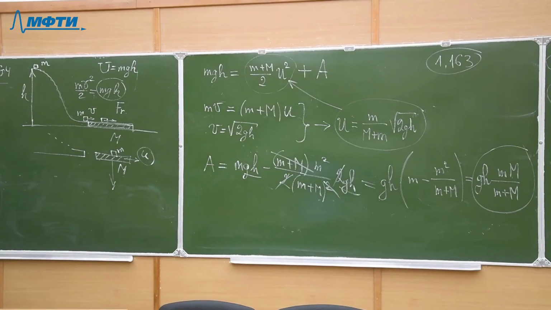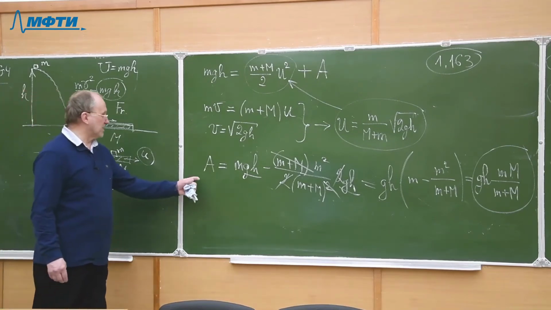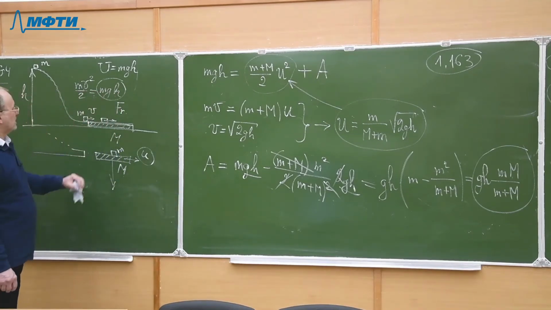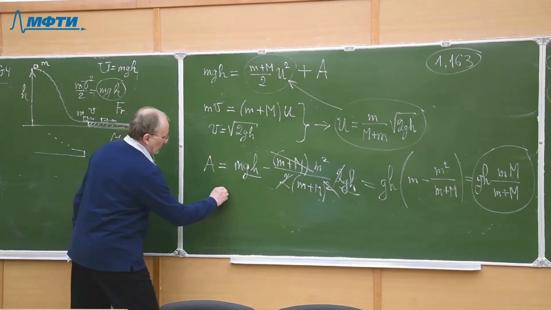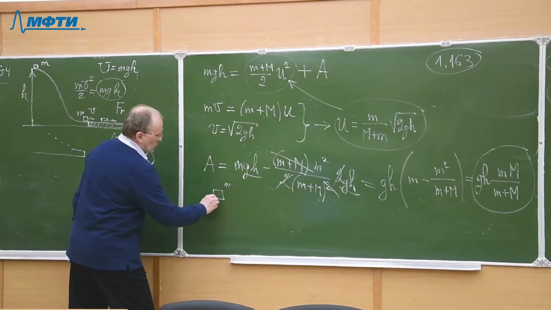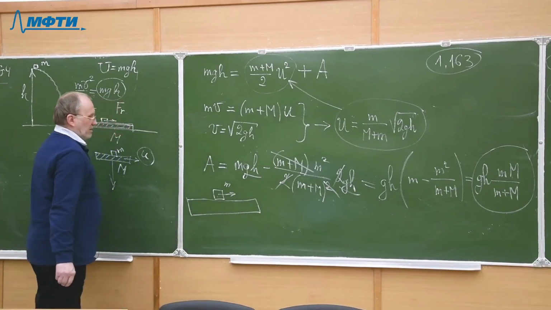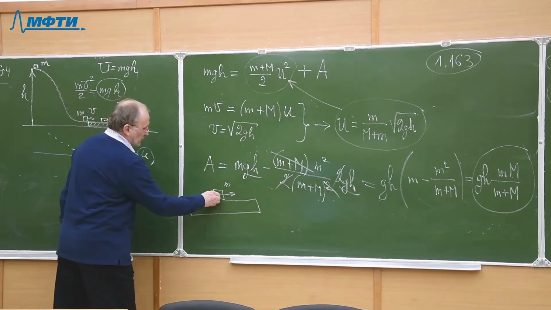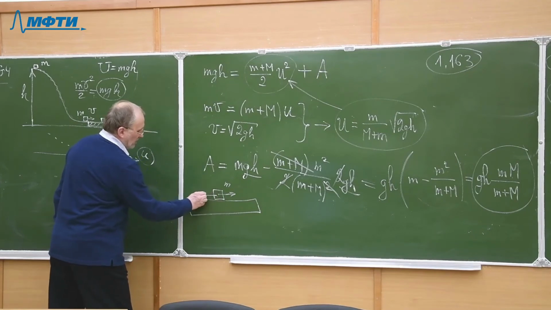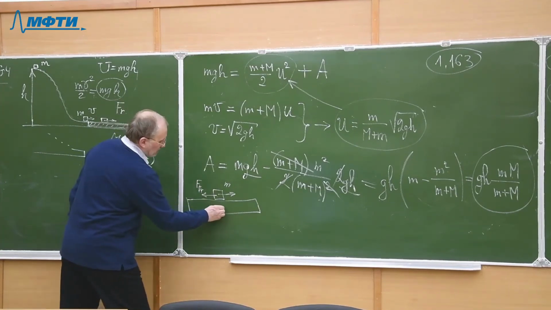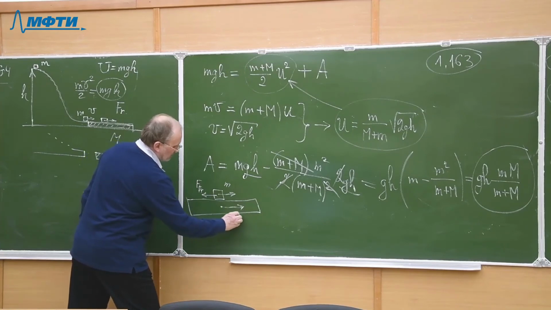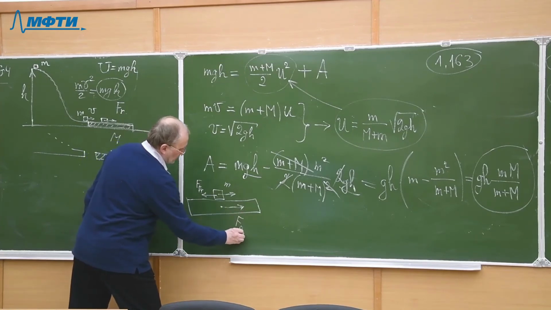It's good. So there is another small point which we must discuss here. That is when the small disk m moves on the surface of the plank, the forces of friction are applied to the small disk from the surface of the plank, and an equal force of friction will be applied to the plank.